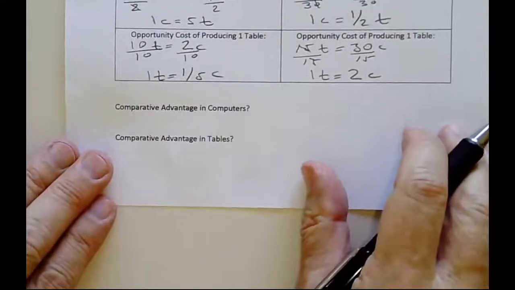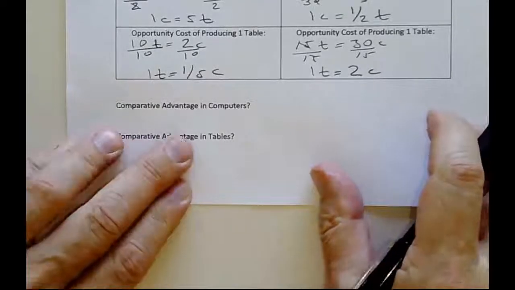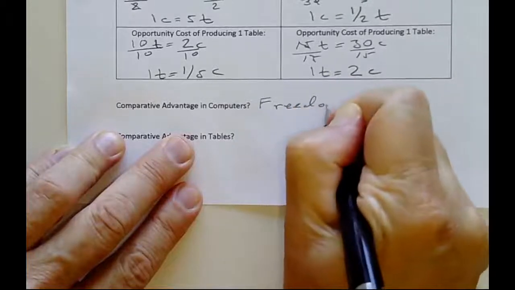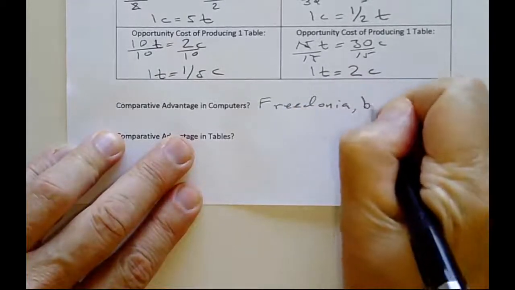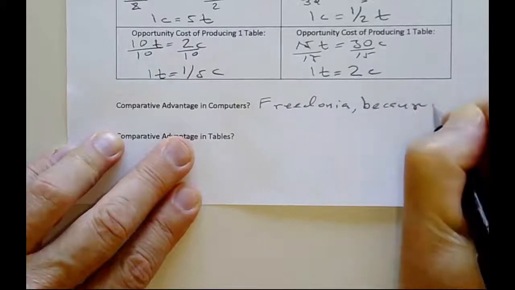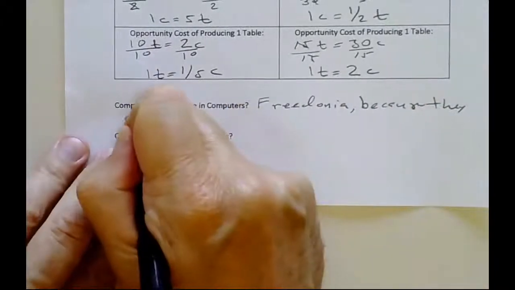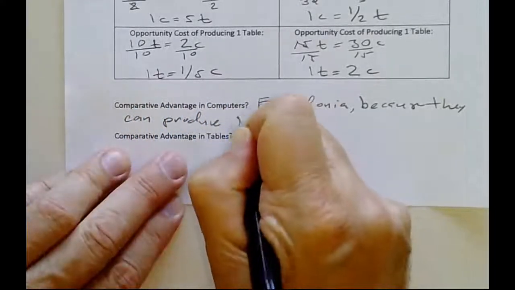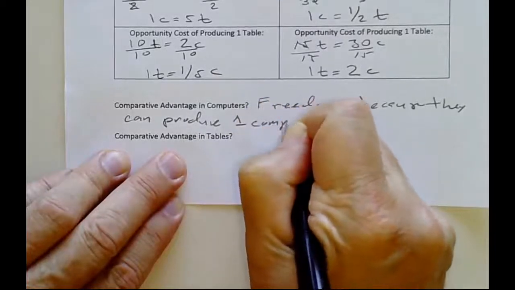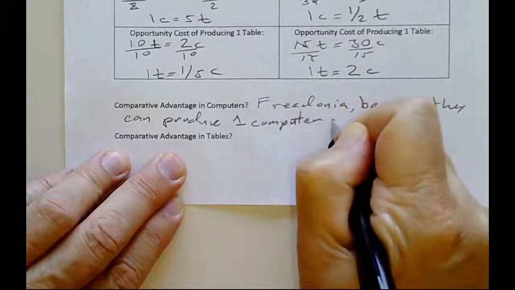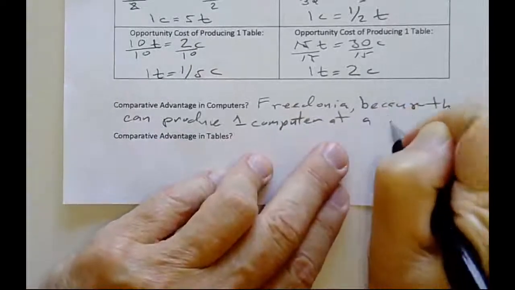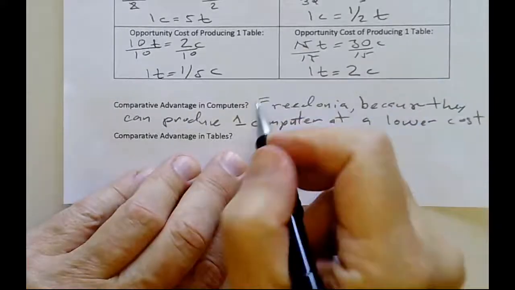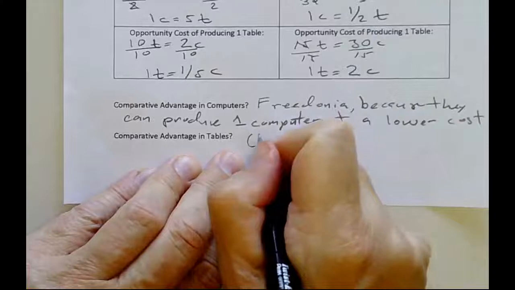So moving up here, we now can say who has the comparative advantage in computers. We're going to say Freedonia, because they can produce one computer at a lower cost, and that cost is 1/2 table.